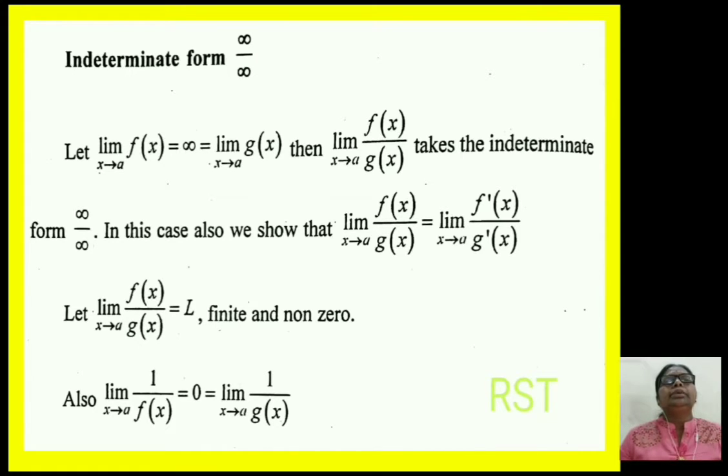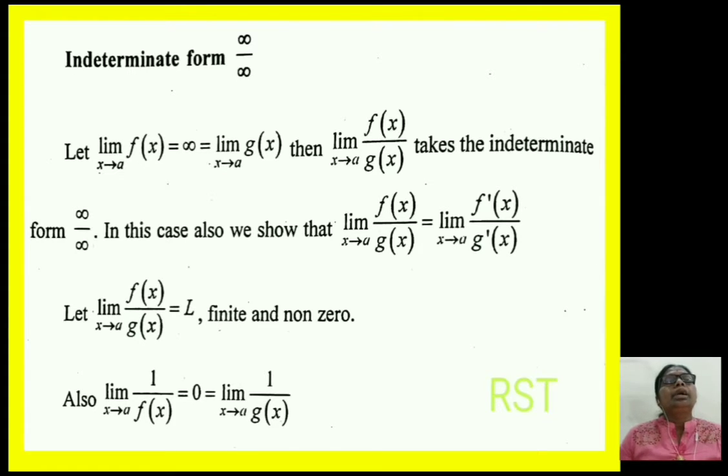Let limit of f(x) as x tends to a equal to infinity equal to limit of g(x) as x tends to a. That means both of the functions f(x) and g(x) have limit infinity as x tends to a.